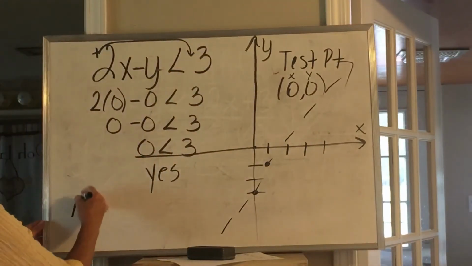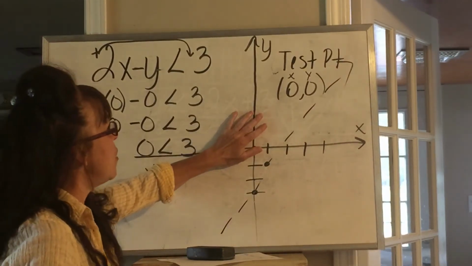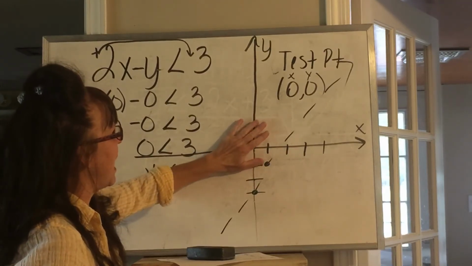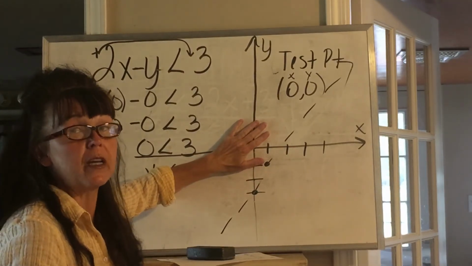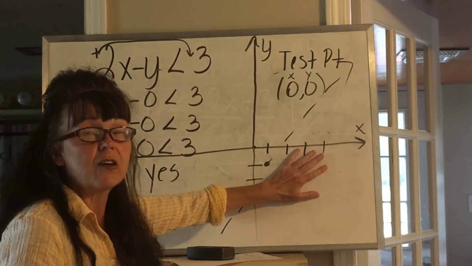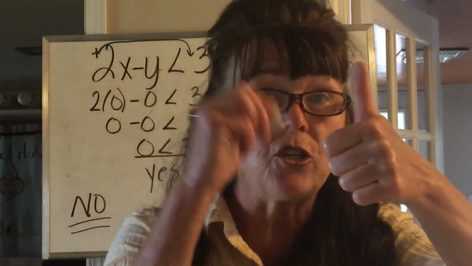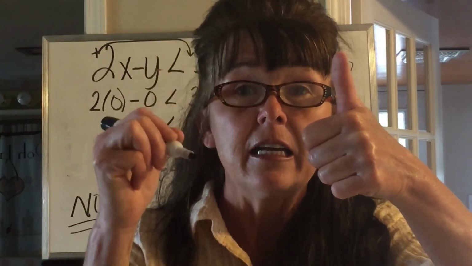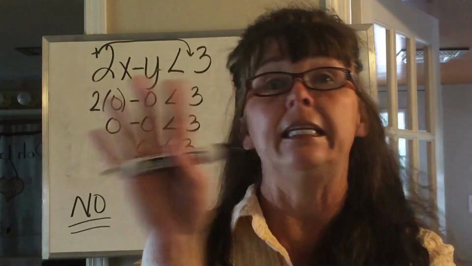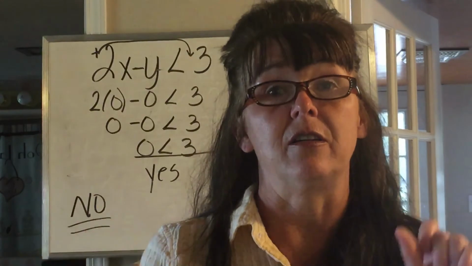If that would have been a no, then you don't shade the side that has the test point. You would have to shade the other side. So if you get a yes, that means your point worked, and you shade that side. If you get a no, that means the test point did not work, and you shade the other side.